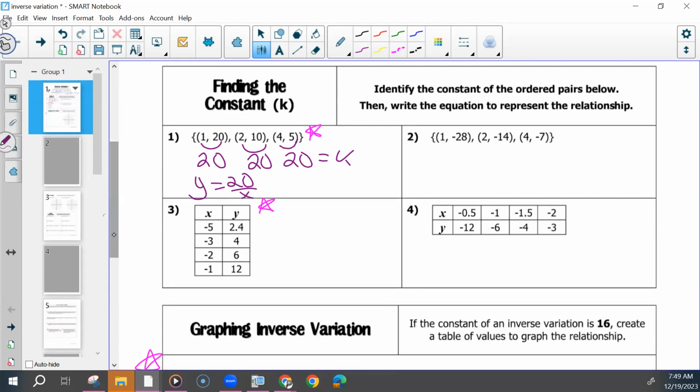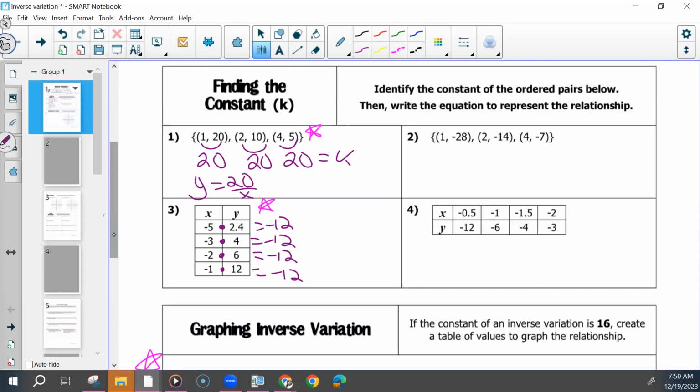Do the same thing in number 3 in the table: multiply x and y together. What do we get for those? It's negative 12 for all of them.